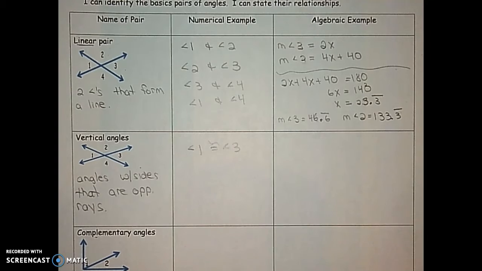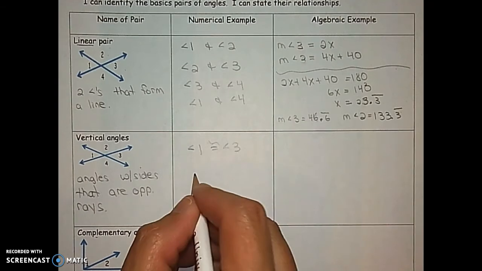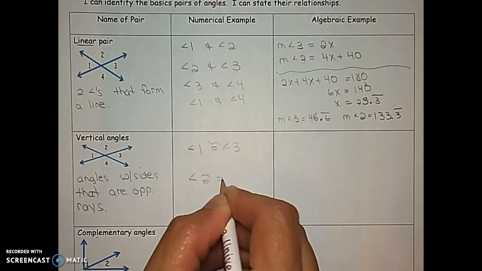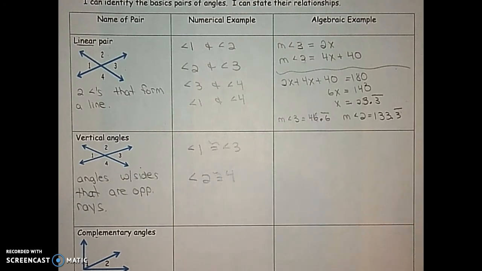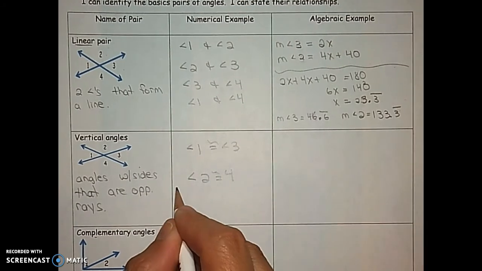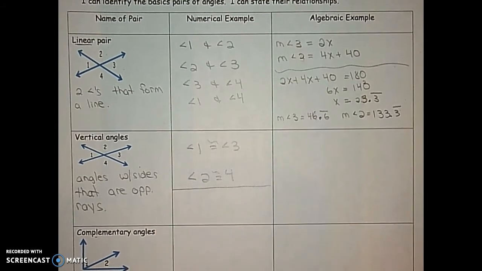Give you 10 seconds. What is the other pair of vertical angles in the picture? That's angle 2 and angle 4. And let's give you that numerical example.